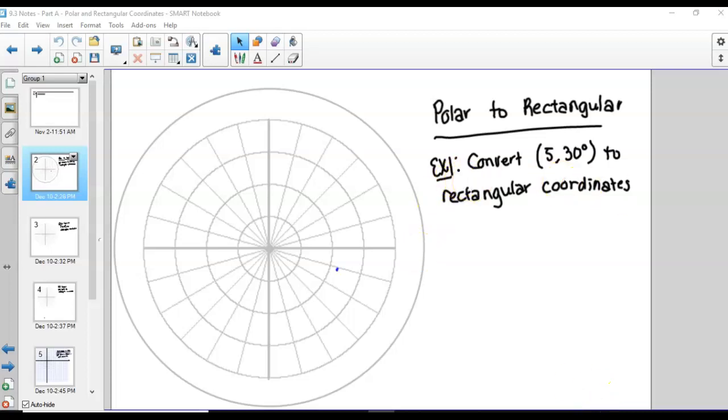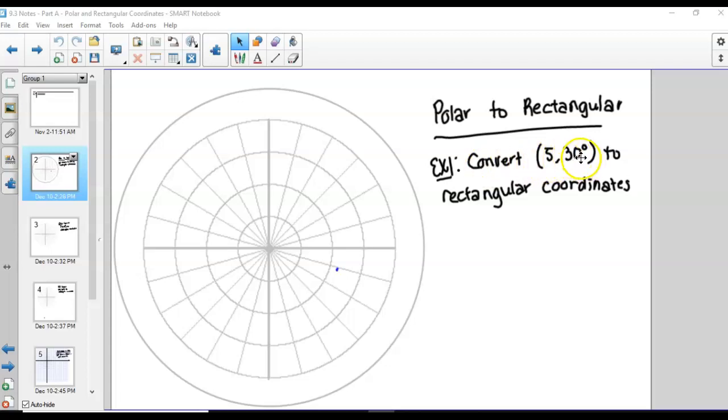First example, we have to convert (5, 30 degrees) to rectangular coordinates. You could use a polar graph if you want to use that polar graph paper, or you can just sketch it out.